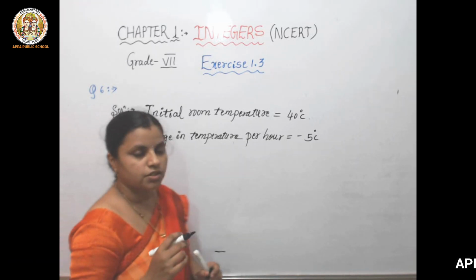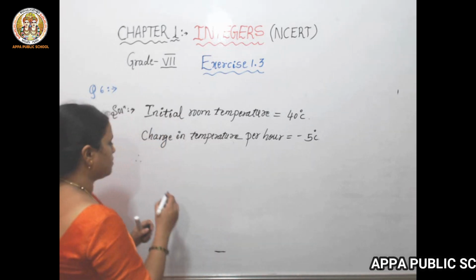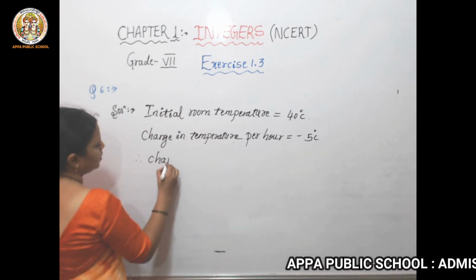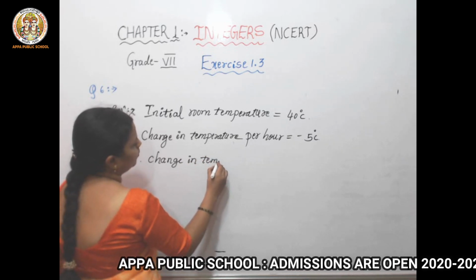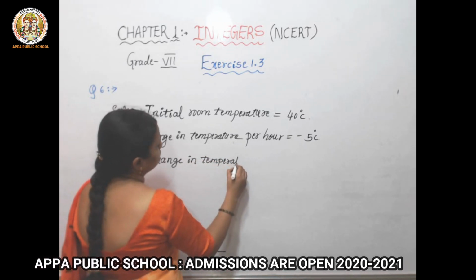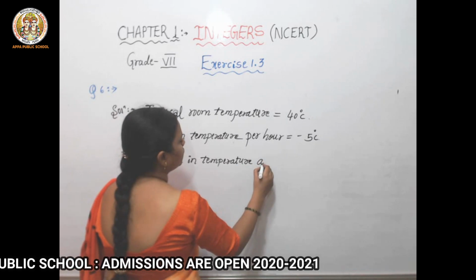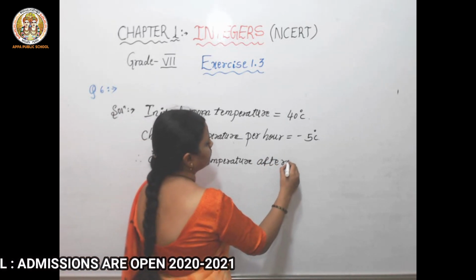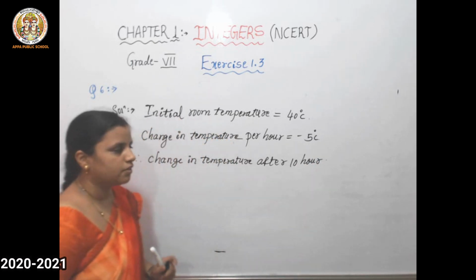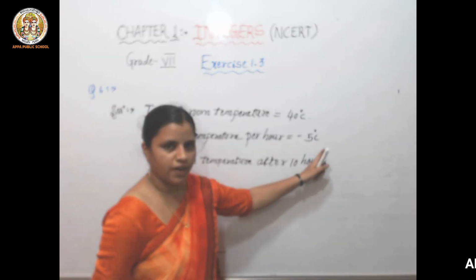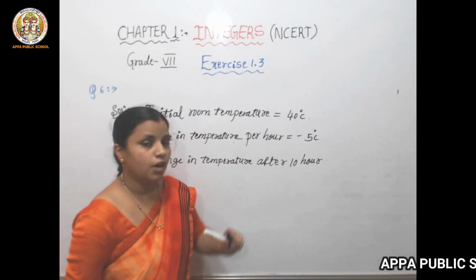They ask for the change in temperature after 10 hours. How will you do it? For 1 hour it is -5 degrees Celsius, and for 10 hours how much?